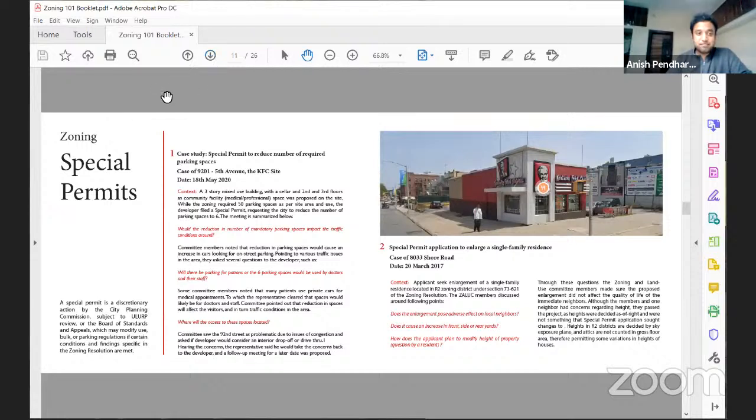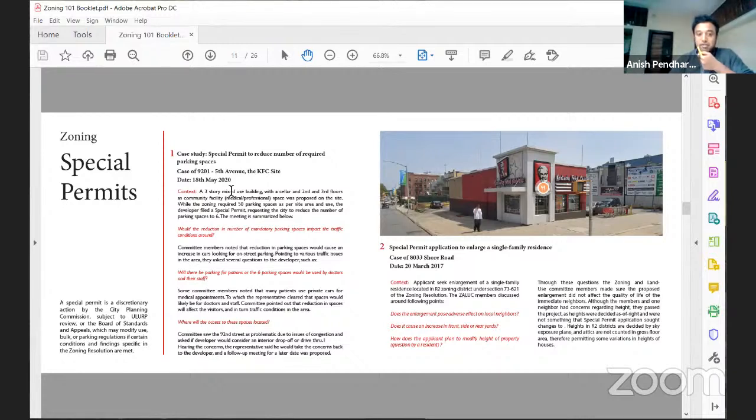And then about the zoning special permits. There wasn't much text to be discussed here, so I just started with the case studies themselves. For example, special permit to reduce number of required parking spaces, and what did the board members ask? For example, would the reduction in number of mandatory parking spaces impact the traffic conditions around the area?